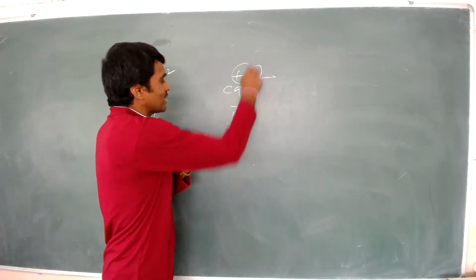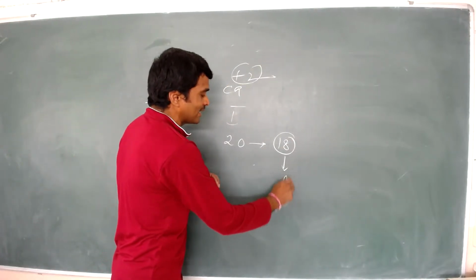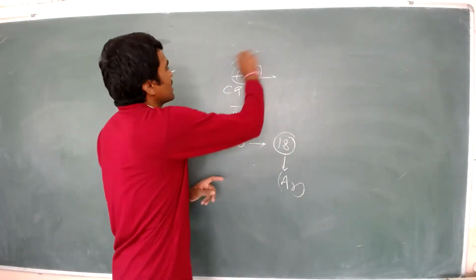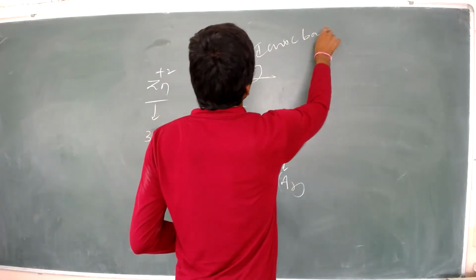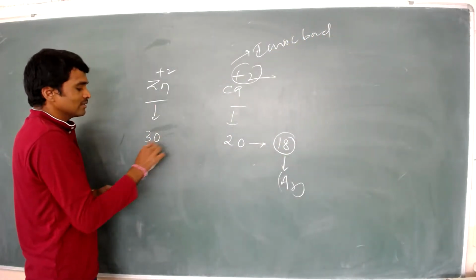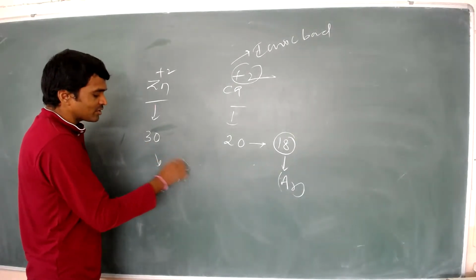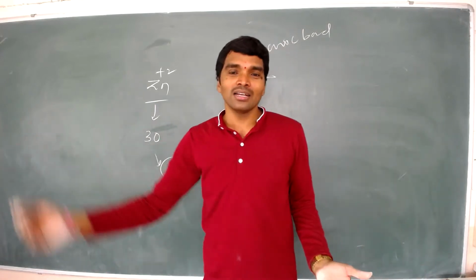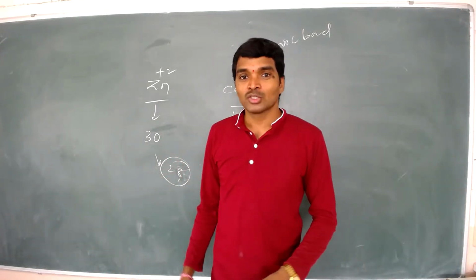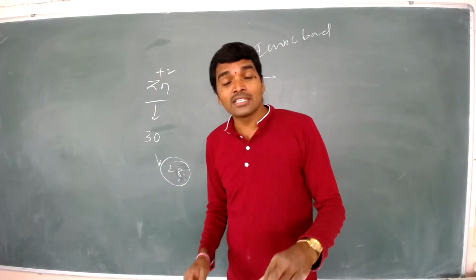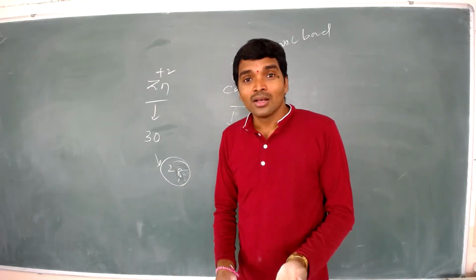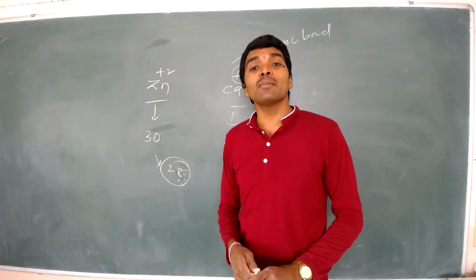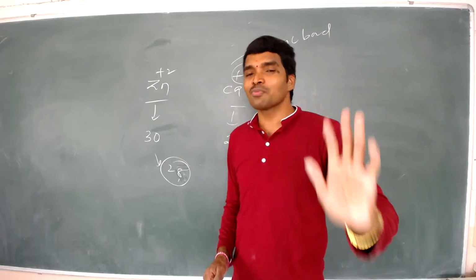By loss of 2 electrons, calcium reaches atomic number 18, argon, so it forms an ionic bond. But by loss of 2 electrons, zinc gets atomic number 28, which is not nearer to argon or krypton. So whichever atom is nearer to a noble gas atomic number forms an ionic bond. This is the last point.